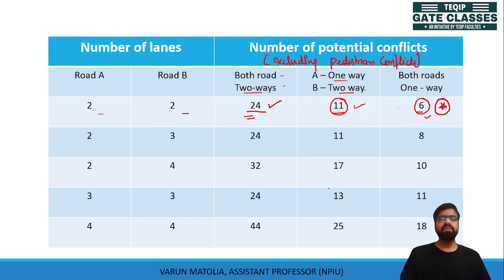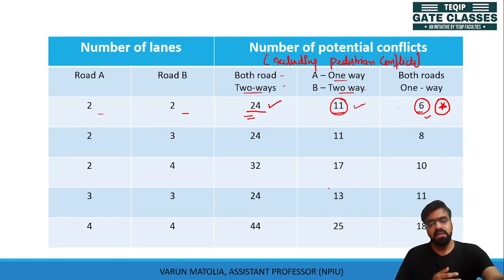So these were the conflict points, the points where there is possibility of interaction between vehicles from different lanes in such a way that there may be a condition of accidents. So what should be done in order to remove these conflict points?